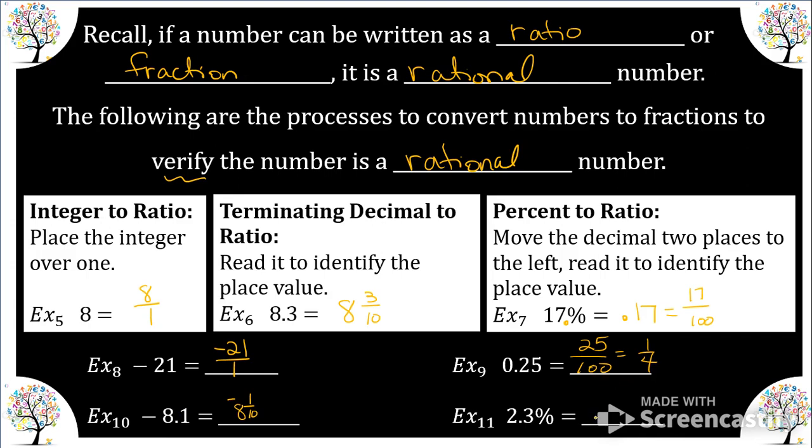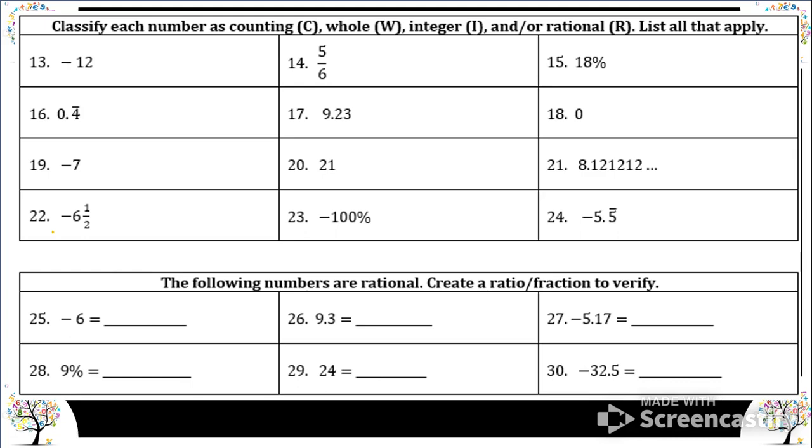We move the decimal 2 places to the left, and it becomes 0.023. And the 3 is in the thousandths place, so 23 thousandths. Pause the video, classify these, and convert to show that these are rational.